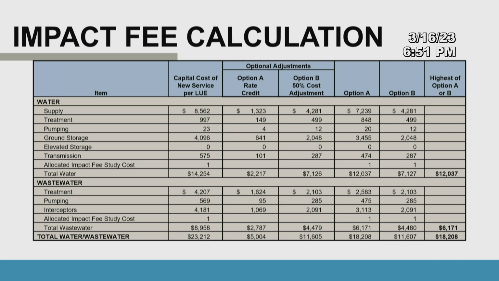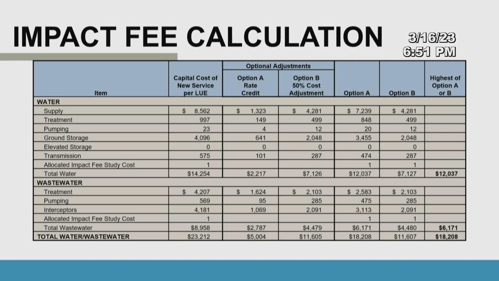You will see that I did add $1 in there for each one of those. That is the allocated cost of doing this study back to the impact fee. So you will recoup the cost of doing this study in your impact fee as customers connect to the system. So that's the good news there.